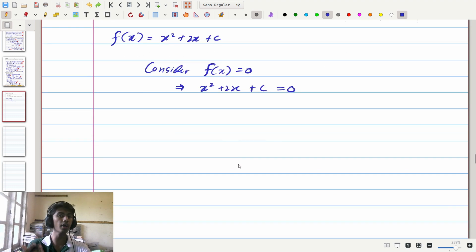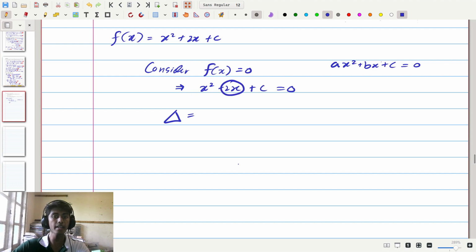Now the roots are determined mostly by the discriminant, which is delta, equal to b squared minus 4ac in a quadratic equation of the form ax squared plus bx plus c equals 0. Now in this case, we have ax squared, bx and c, where c is c, but a is equal to 1 and b is equal to plus 2.